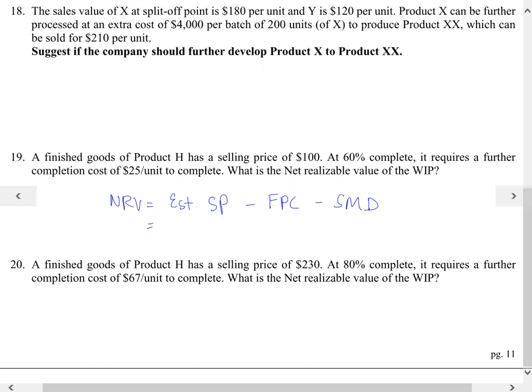So estimated, I can sell at $100 at 100%, but I must further incur another 25 first, meaning the value of the 60% is 75. Done. Number 20. Yeah, that will be 163. Done.